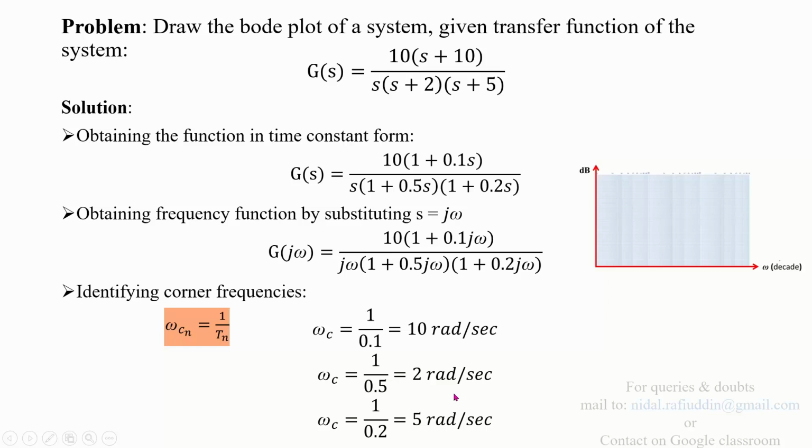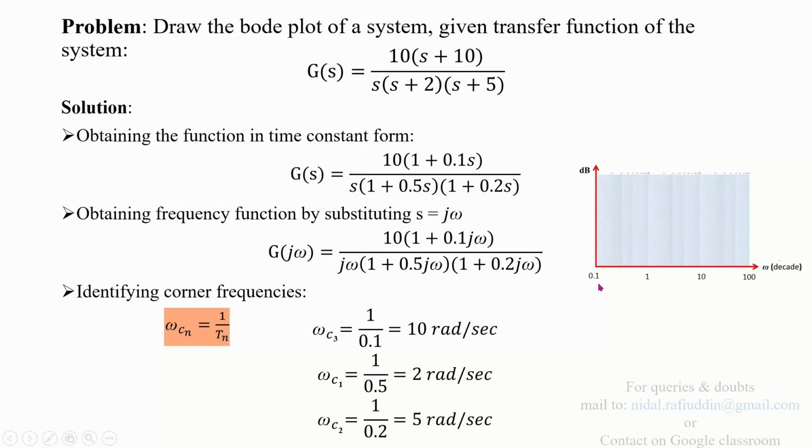Since 2 comes before 5, we'll assign this as 1, and because 5 is smaller than 10, we'll assign 2 to 5 and then 3 to 10. So this becomes the first corner frequency, this the second corner frequency, and this the third corner frequency. And we'll mark these corner frequencies on the semi-log paper.